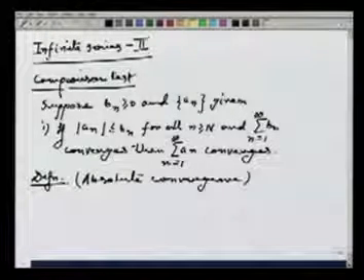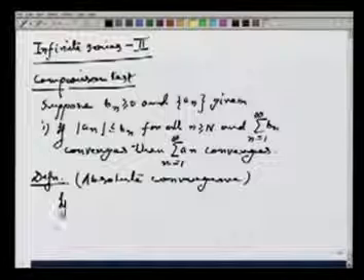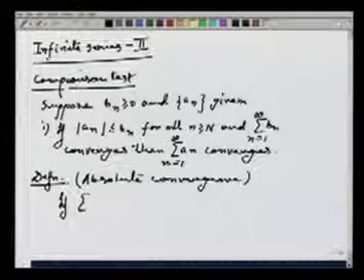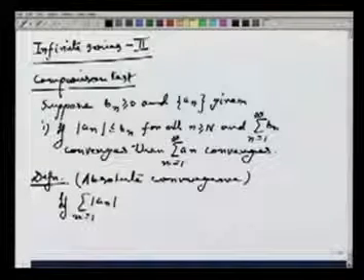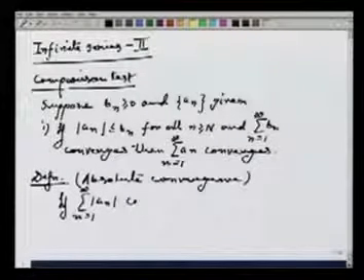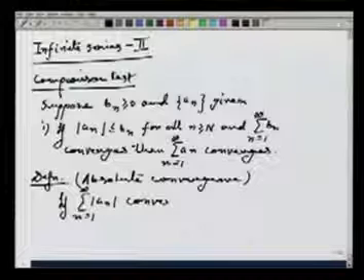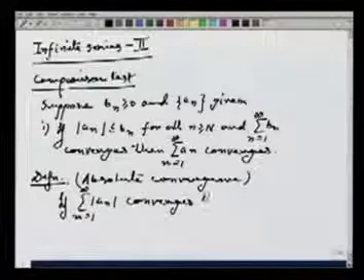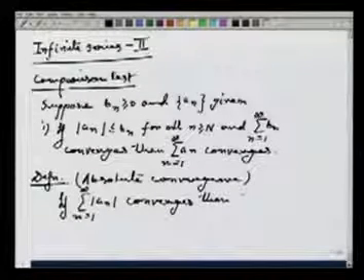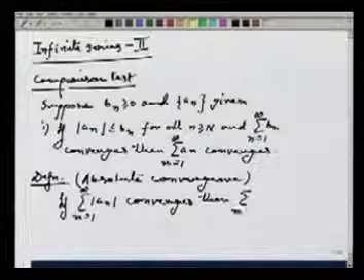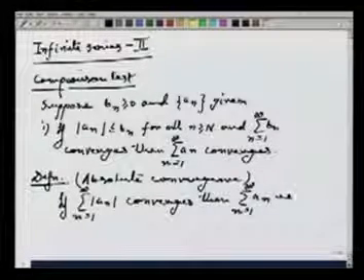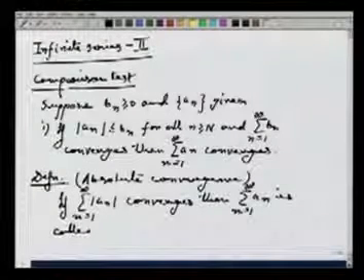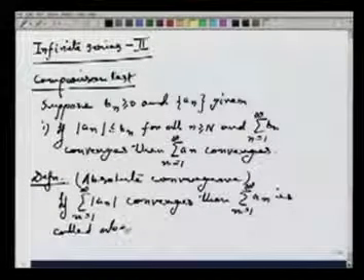This is very simple to understand, that if summation mod An n from 1 to infinity converges, then summation n from 1 to infinity An is called absolutely convergent.